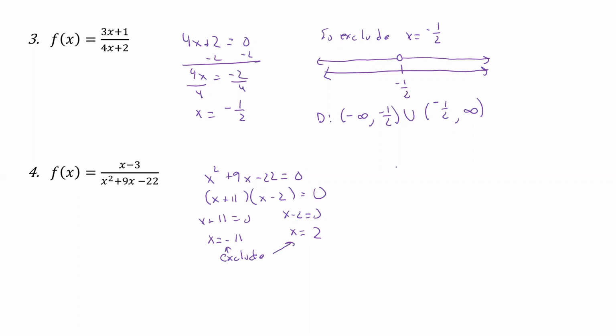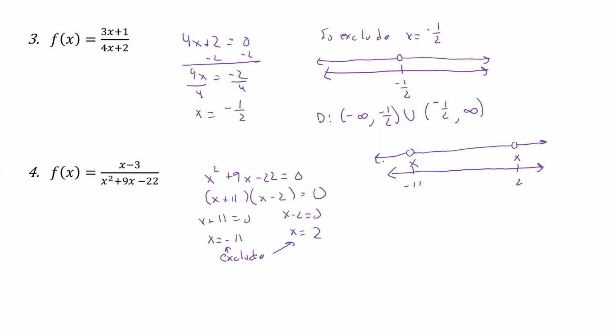On a number line, and again, I always go back to the number line because that's sometimes the easiest way to do it, here is our negative 11 and here is our 2. It cannot equal those. Those are points it's not able to equal. But it can equal everything to the left, everything in between, and everything greater than. Since it can't equal those points, we're going to use an open circle.